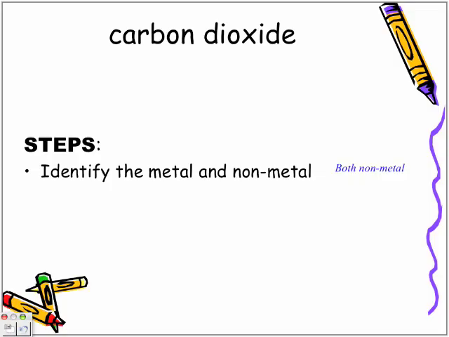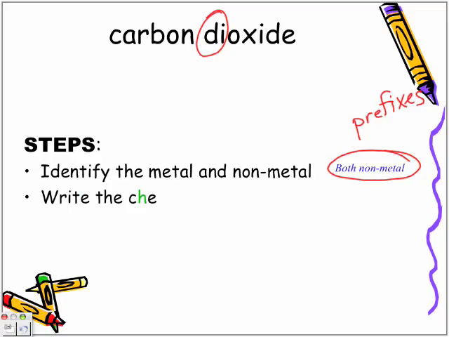Here's a hint for the non-metals. How do we know that both are non-metals? If you see the prefix. Prefixes mean both are non-metals. Okay, so next step, we're going to write the chemical symbols.